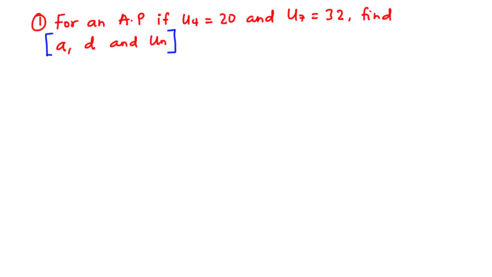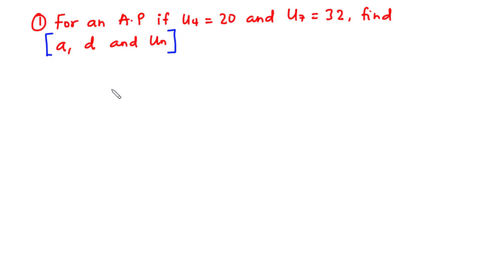So for question number 1, we have the question: for an AP, if the fourth term, that is u4, is equal to 20 and the seventh term, that is u7, is equal to 32, then we are going to find a, that is the first term, d, that is the common difference, and then un, that is the general term.